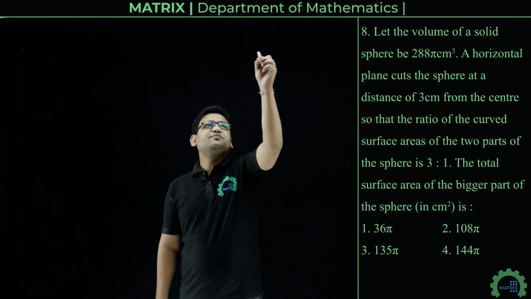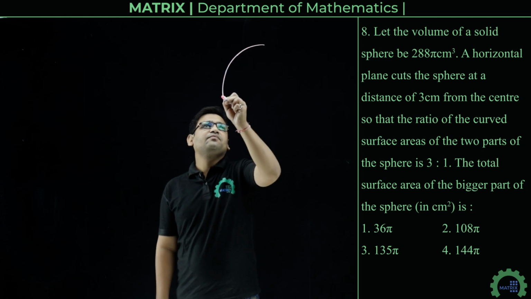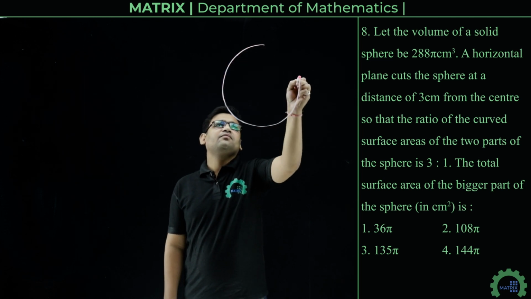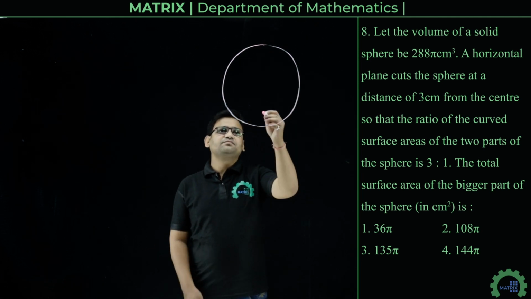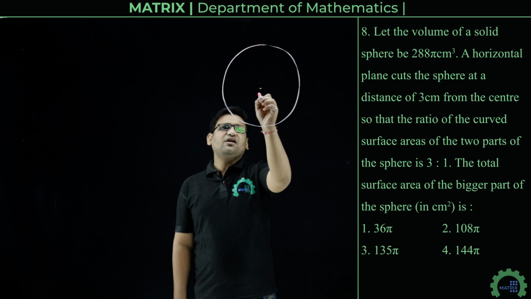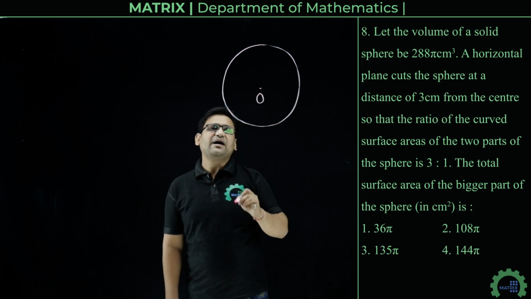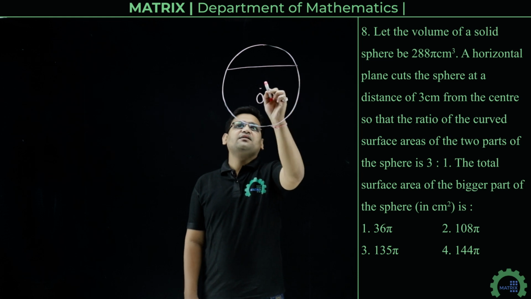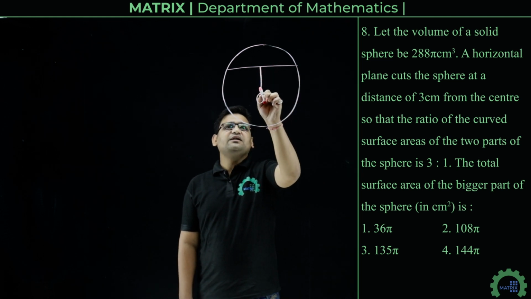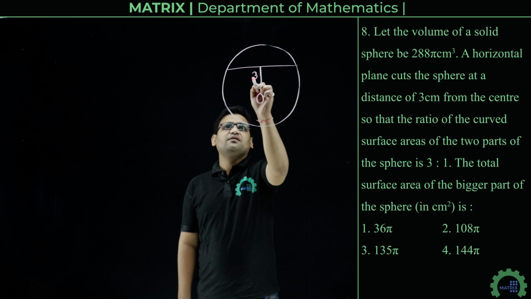Let us suppose this is a sphere. This is a sphere of radius r, and from the center of the sphere a horizontal plane cuts it at a distance of 3 cm from the center. So this distance will be 3 cm.